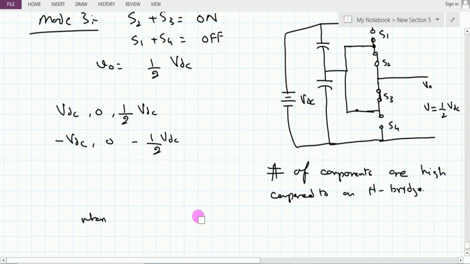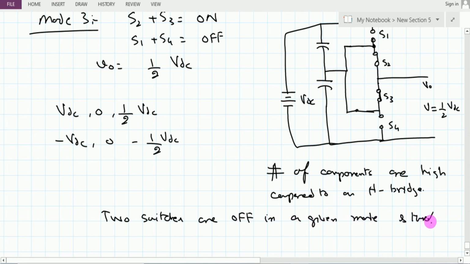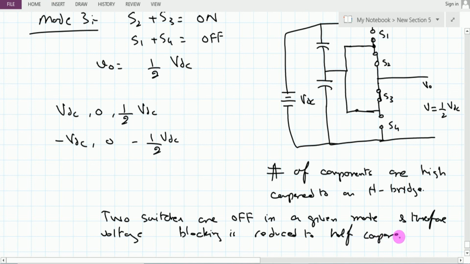But the advantage here is that 2 switches are off in a given mode, and therefore voltage blocking is reduced to half compared to an H-bridge inverter.